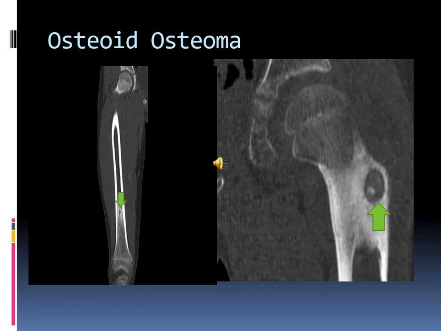So the osteoma is a benign lesion made from the nidus and surrounded by a thick sclerotic bone. Sometimes we can see only the sclerotic bone, and sometimes we can see only the osteolytic oval lesion, and we can even see both of them together in other cases.